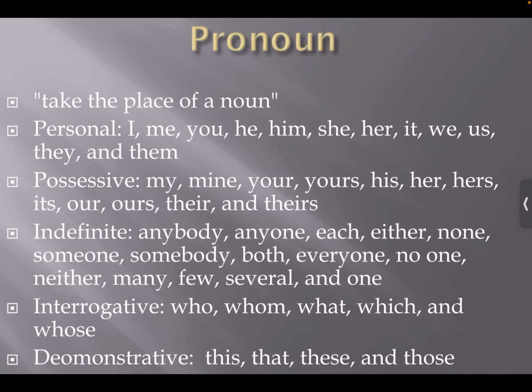Demonstrative are this, that, these, and those. We know all of these words, and you're going to say, oh my gosh, the names are so hard and long. In English grammar, yes, everything is named, everything has a purpose, everything has a reason. So, that is why.